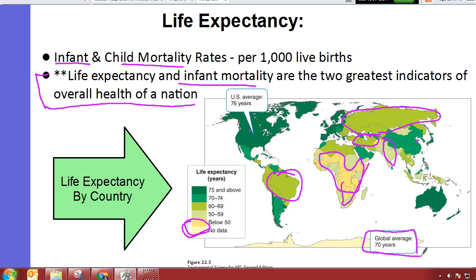Yep, Japan. So Japan is number 2. Monaco is number 1. So in Monaco the life expectancy is 89.4. In Japan, it's 85.3. So they're living pretty long lives in those countries.